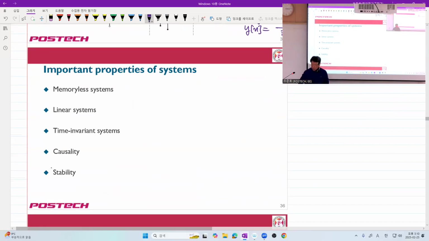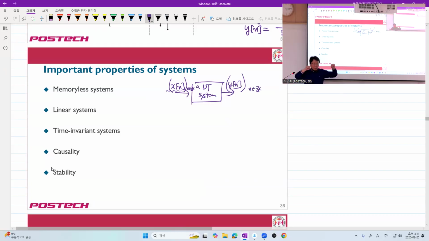So we have a discrete time system, and there are too many different mapping rules between input and output signal. By the way, be careful. Even though I just write here x of n, actually I punch in the entire sequence, and I get the entire sequence out. Okay?